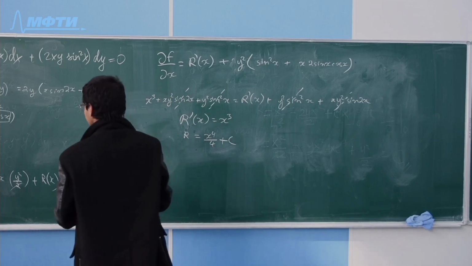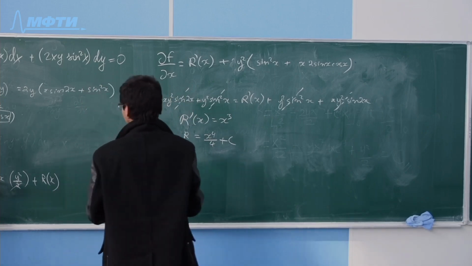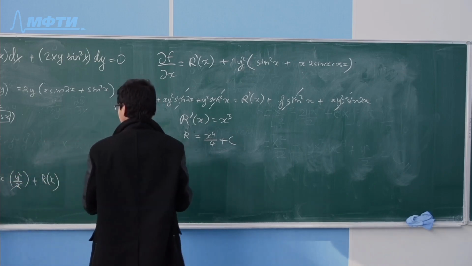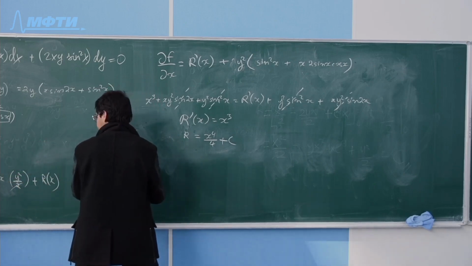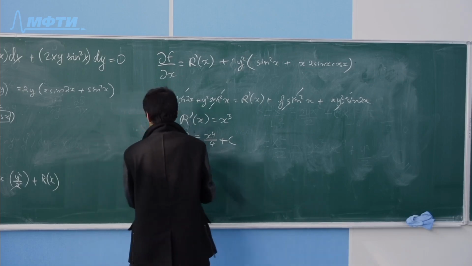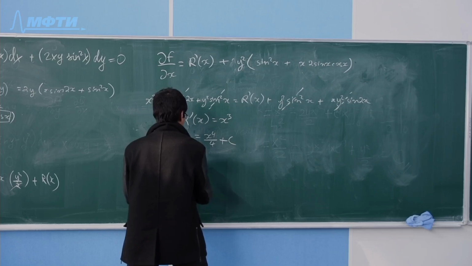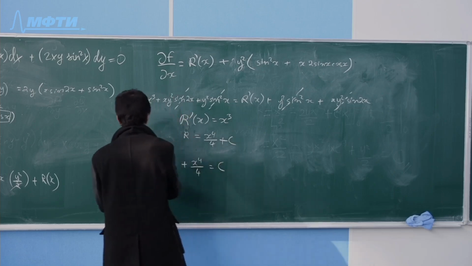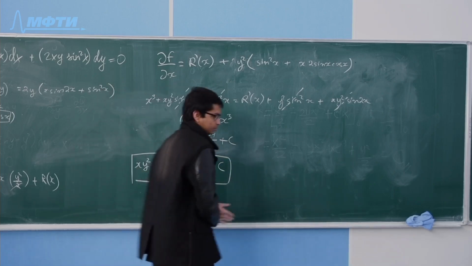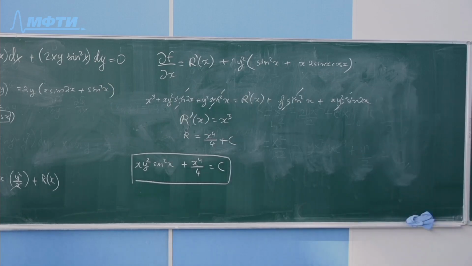Look here, f is equal to x sine squared x times y squared plus r, and it is found. Equals c. Thank you. Okay, thank you.